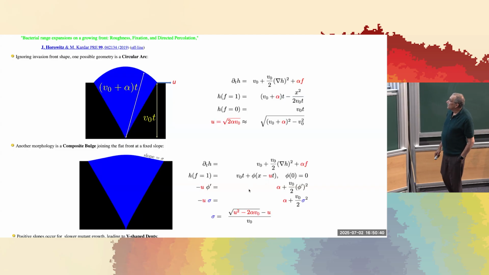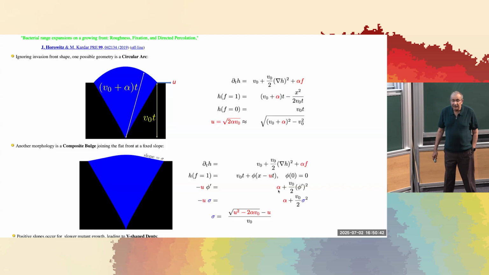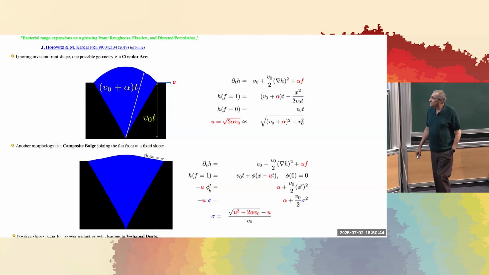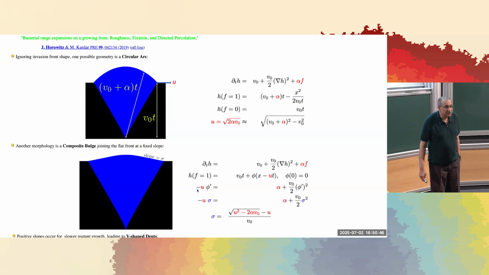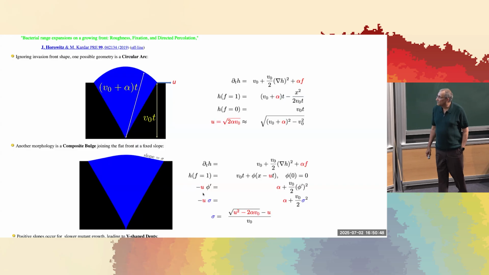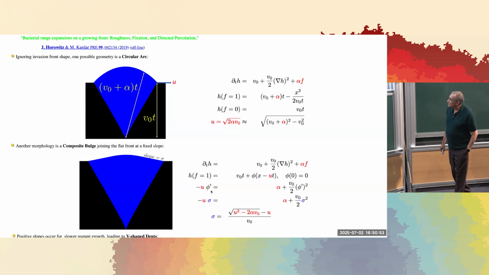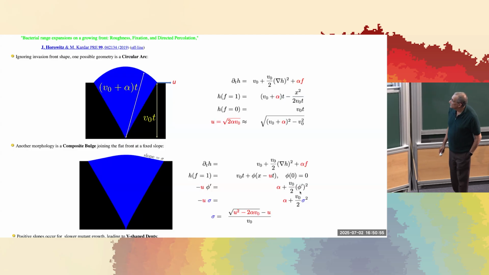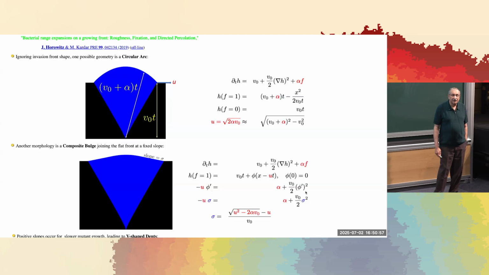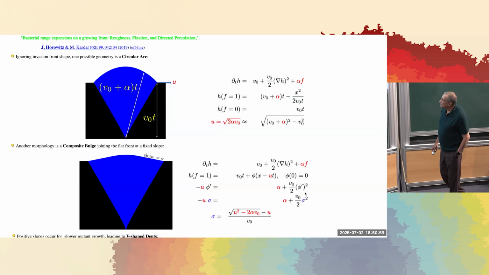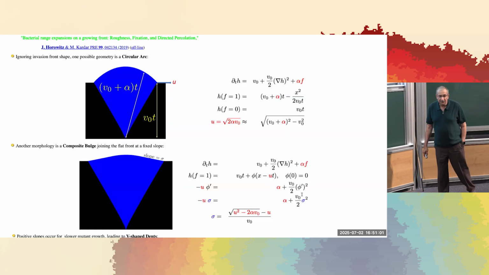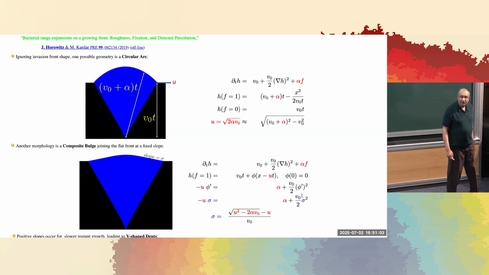If I try this function, the d by dt parts of my equation will get the function's derivative times minus u, and I will get an equation from which I can solve for the derivative of the function.